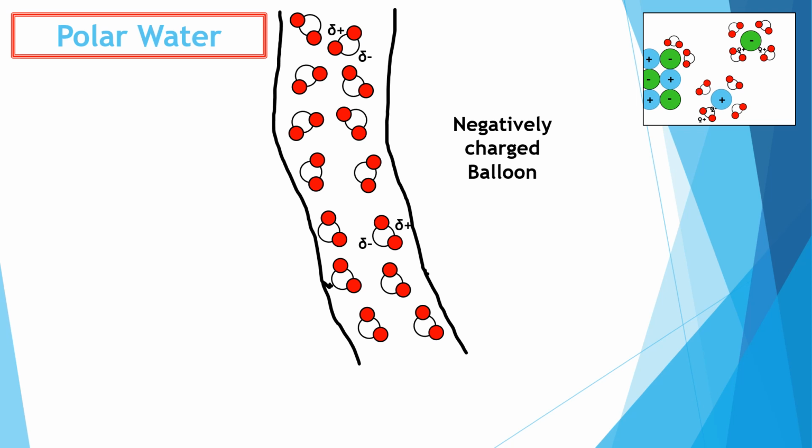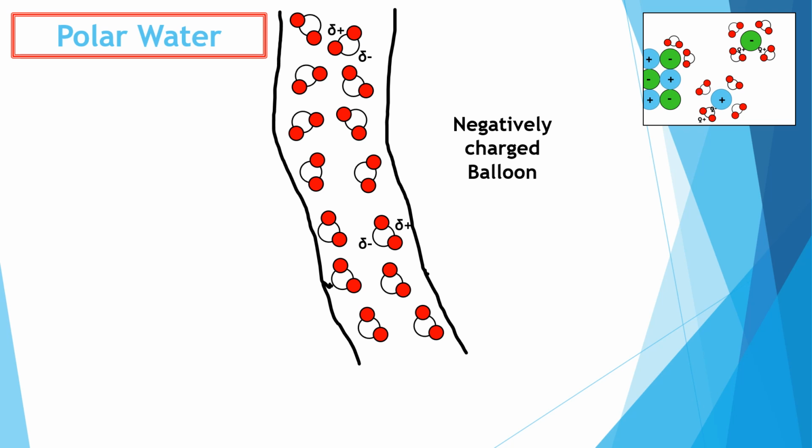Remember, with polar molecules, the atoms in the bond between the hydrogen and the oxygen have a difference in electronegativity, so they share the electrons unequally. The oxygen gets a bigger share of the electrons, becomes slightly negative, and the hydrogens become slightly positive. Overall, because this is an asymmetric shape, it produces a polar molecule.